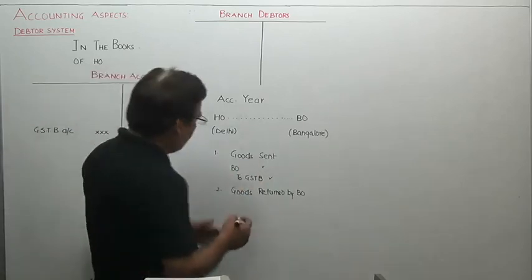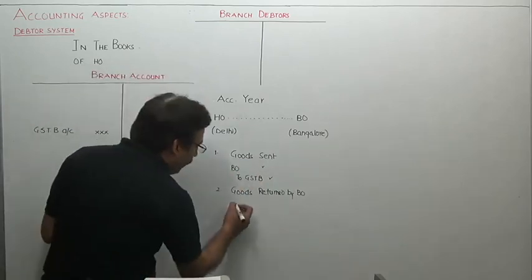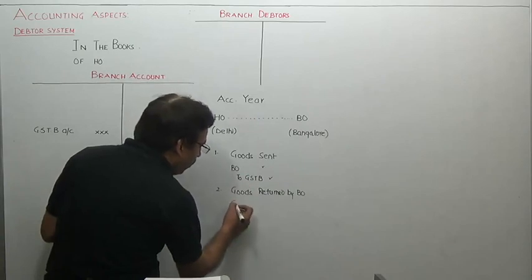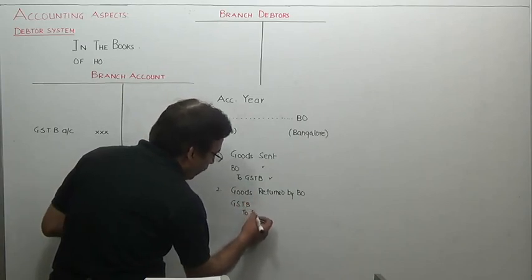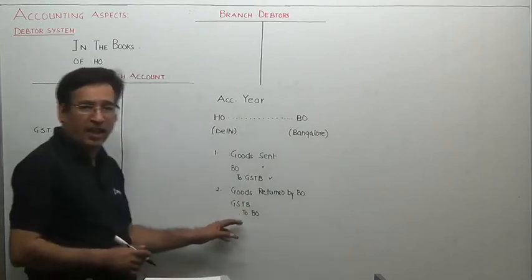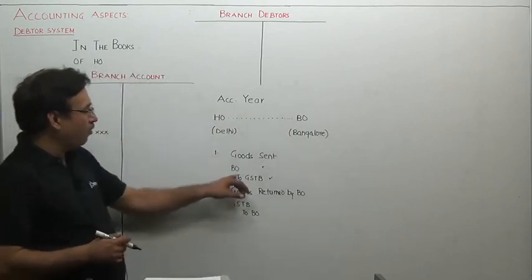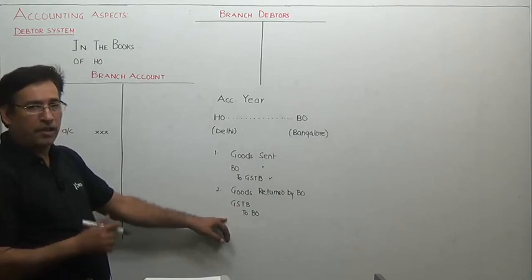So whenever the branch returns the goods back to head office, you will simply revert the earlier entry, and your entry will be goods sent to branch account debit to branch account. Because you have now reverted the entry, you have simply made an opposite entry. Is it clear?